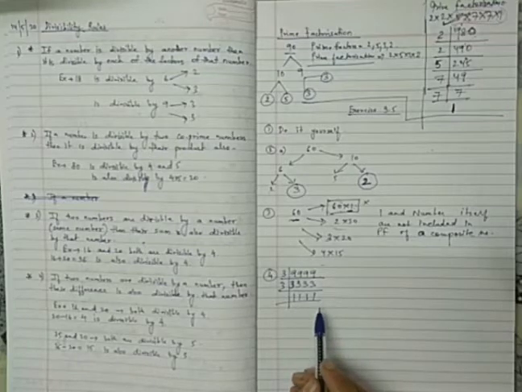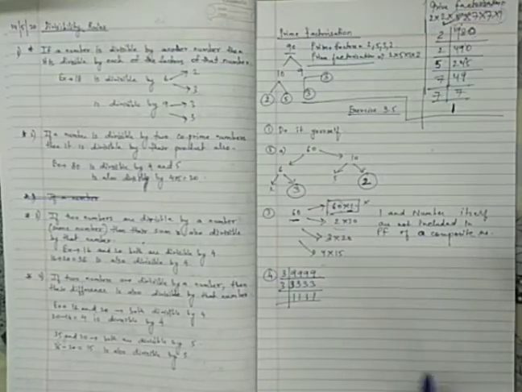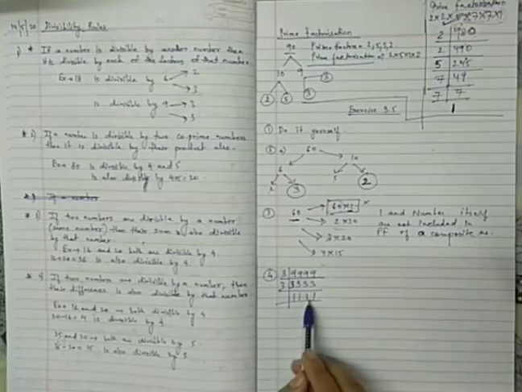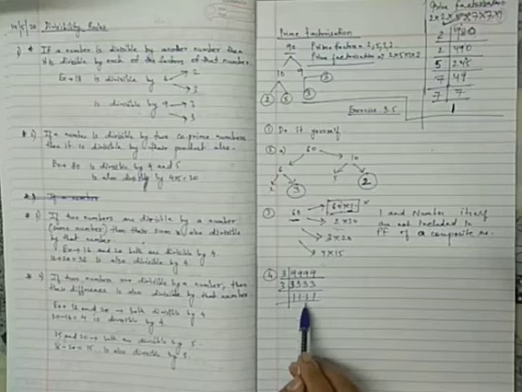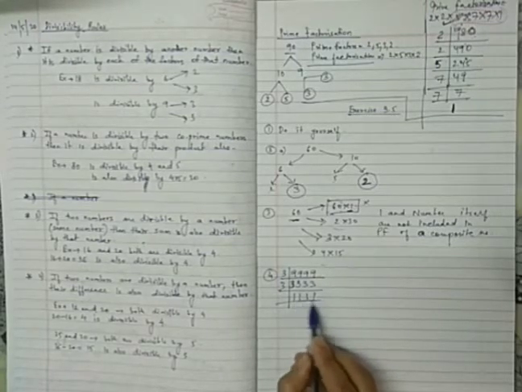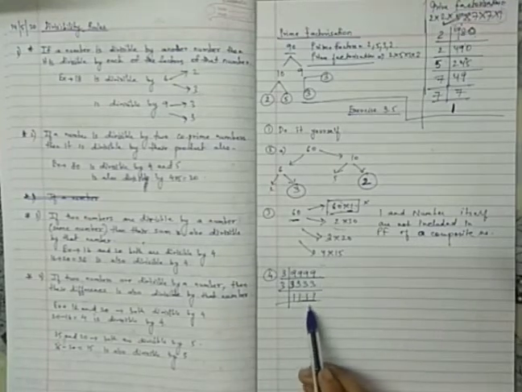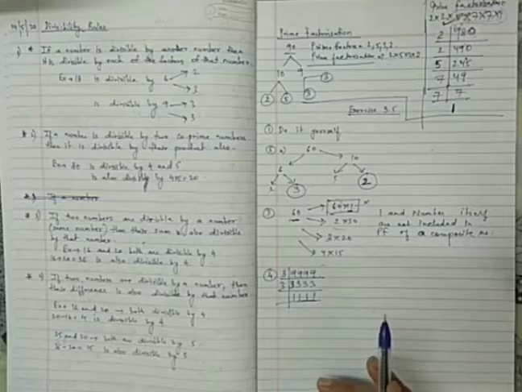For 6 divisibility, the number should be divisible by 2 and 3. This number is not divisible by 2, so it cannot be divisible by 6. Now it will not be divisible by 8 because the last 3 digits 111 are not divisible by 8. Now it cannot be divisible by 10 because the last number is not 0.